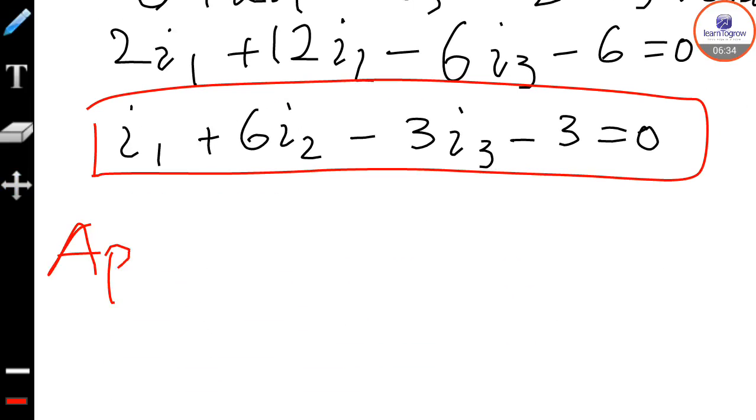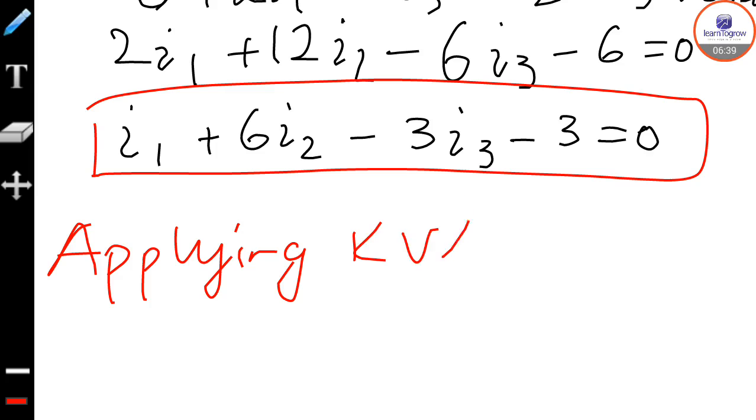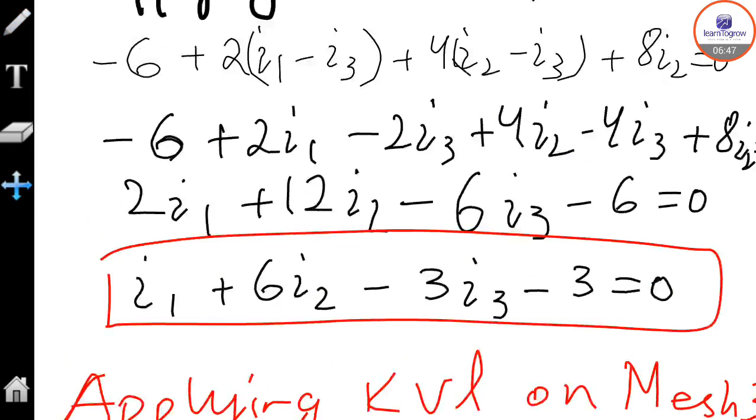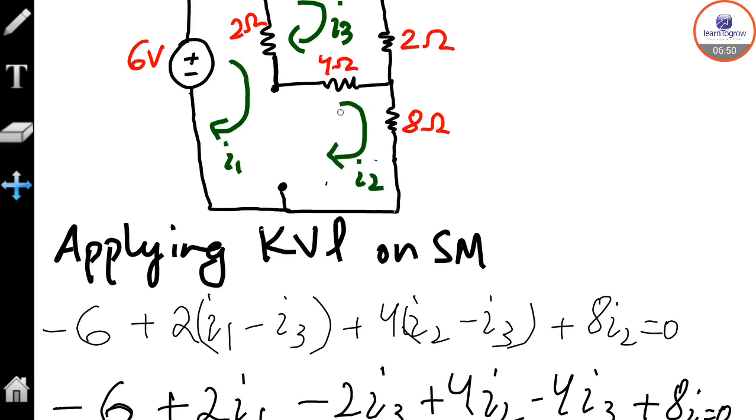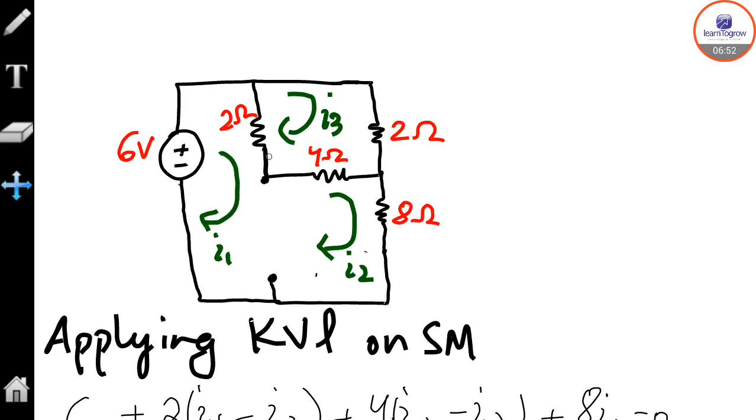Applying KVL on mesh 3, we will take it as plus I3 minus I1.